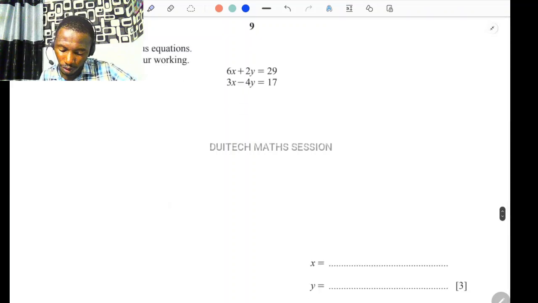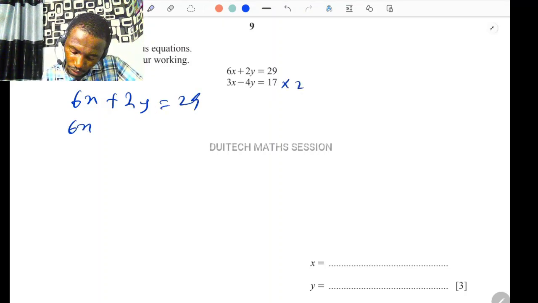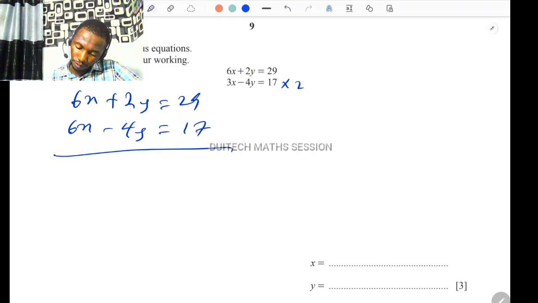Here we have to solve the simultaneous equation of these variables. What I'm going to do is increase one side to make it equal with this. So I have 6x plus 2y equals 29. Then I have 6x minus 4y equals 17.